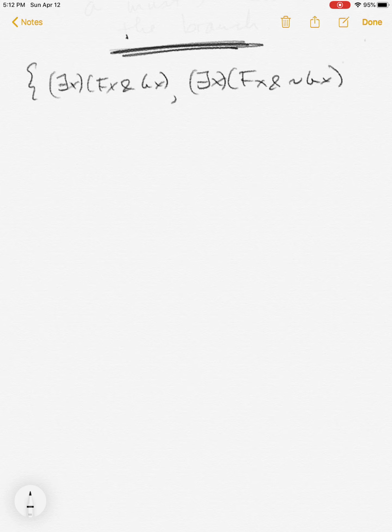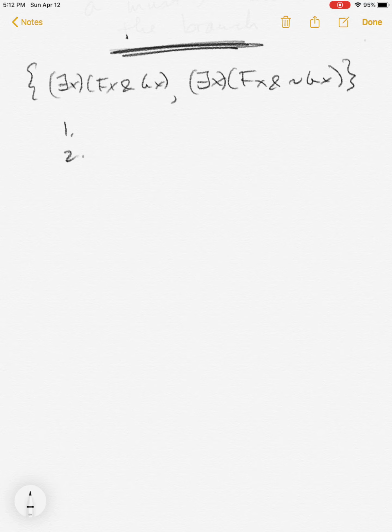Let's take a look at an example. Here's our set. There's something that's F and G. And the second member of the set is there's something that's F and not G. Think about that set for a minute. Do you think that it's quantificationally consistent?